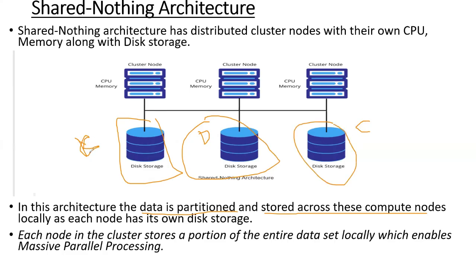This we call partitioned data. Bangalore data will be in one storage, Delhi data in one storage, and Chennai data in one storage. So the data is partitioned and stored across these cluster nodes 1, 2, and 3.